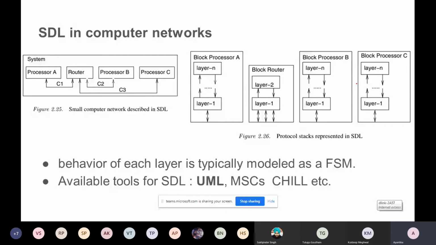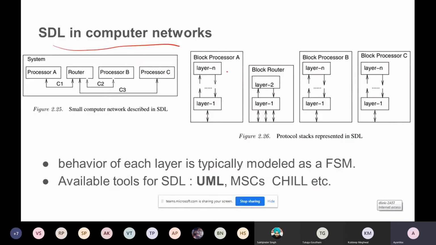Now you can understand this as an example of how you can use SDL in computer networks. This is your whole system where you have multiple processors, processor A, processor B, router, whatever it may be. They are connected based on message queues.